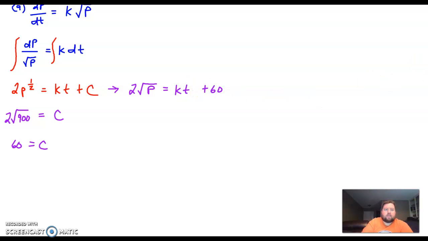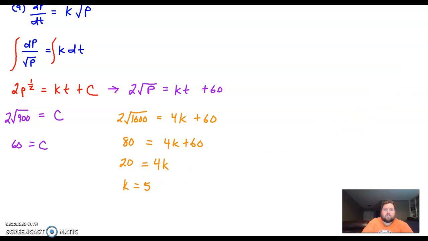All right, now we'll plug in the second initial condition to find our k. That one was 1600 for p, so 2 square root of 1600 equals 4k plus 60. The square root of 1600 is 40, times 2 is 80. Subtract that over, 20 equals 4k, so k equals 5.